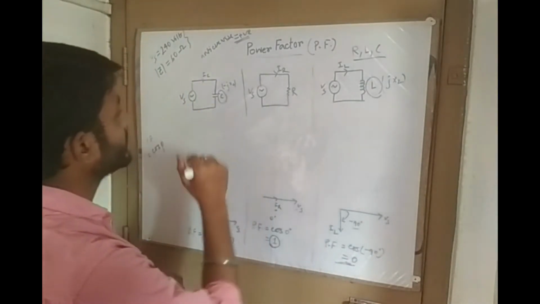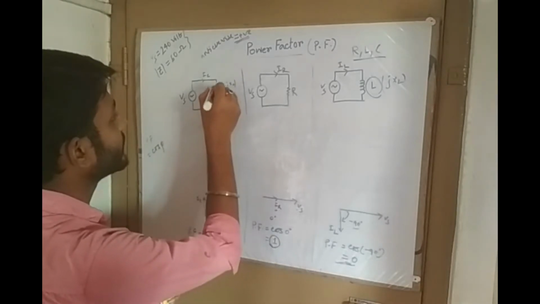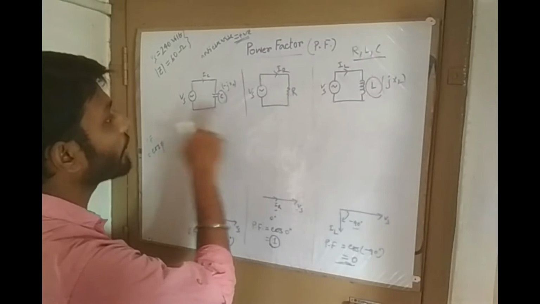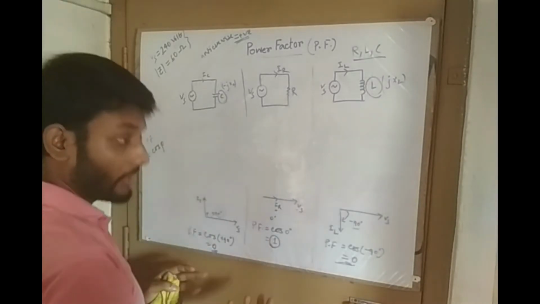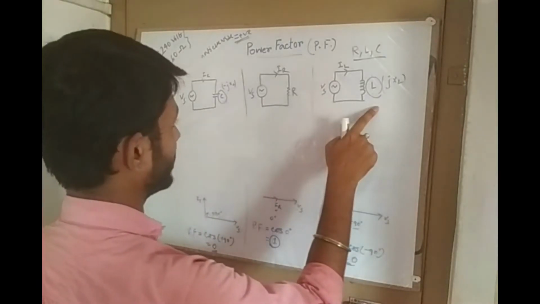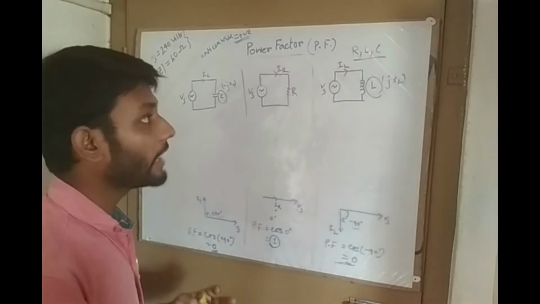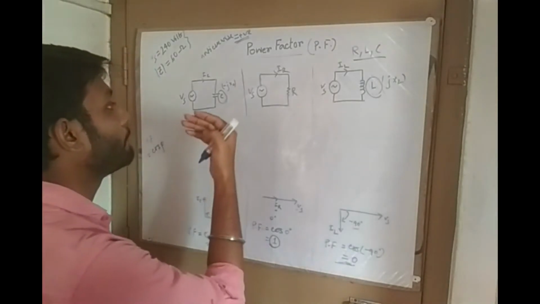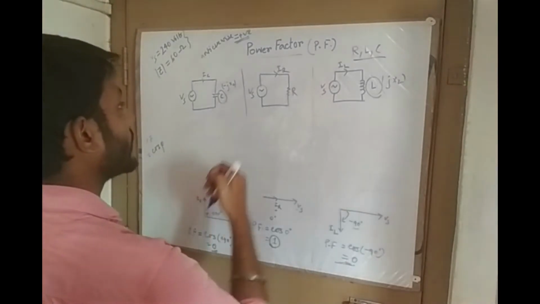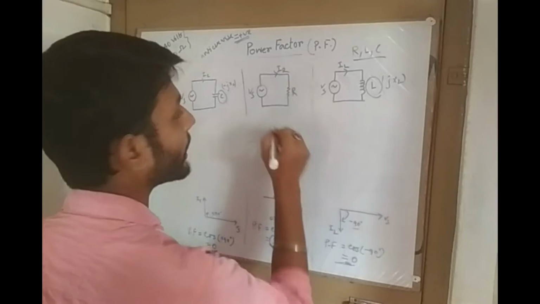See, before that, look at this one. For this circuit, the load is not purely capacitive. In general, there is no load which is purely capacitive, purely inductive or purely resistive. We cannot make a circuit purely capacitive, purely inductive or purely resistive, because if we try to make a circuit resistive, there must be some inductive part also.